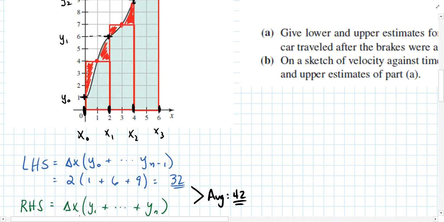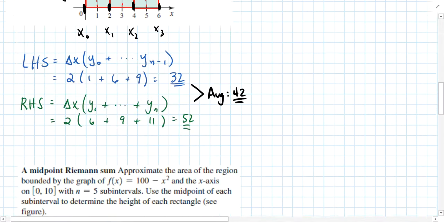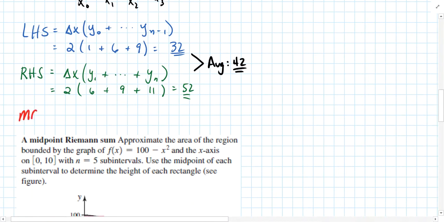We would call this a midpoint sum because we are determining the height of these rectangles, the height of these geometric shapes, based on the midpoint value. So again, the midpoint sum, we might say MPS. The width of the midpoint sum is still 2, right?